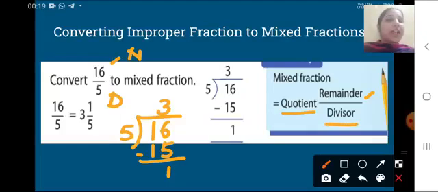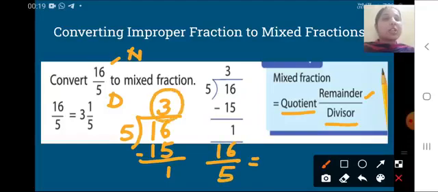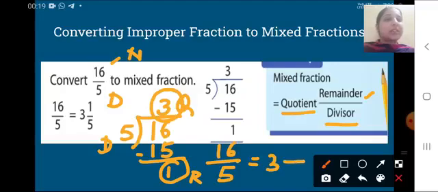So we will write 16 upon 5 as, what is the quotient here? You can see this is the quotient, this is the remainder, and this is the divisor. So we will write the quotient in the middle, which is 3. Then we will write the remainder, which you can see at the numerator part.